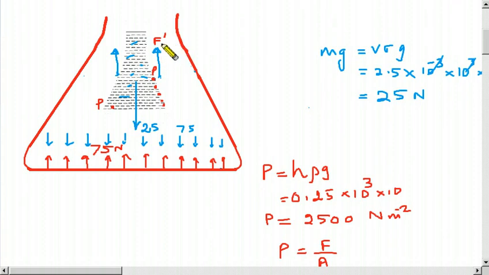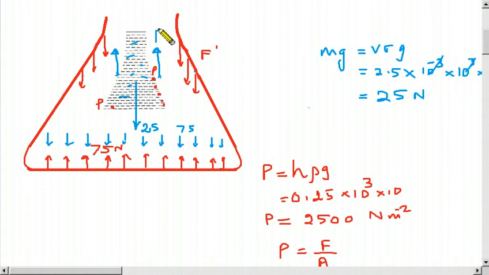Due to this action, it is acting on the glass wall. So from the glass wall, the reaction is equal to that amount F dash, vertically downwards like this. There is a force equal to F dash. This one I should write using blue color.